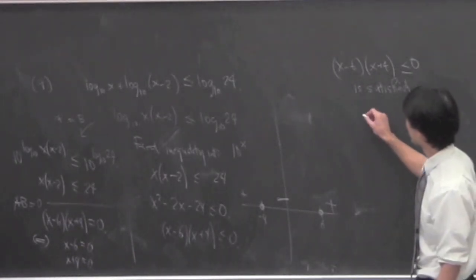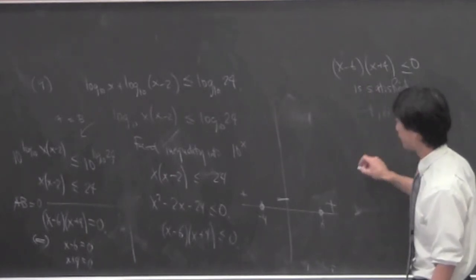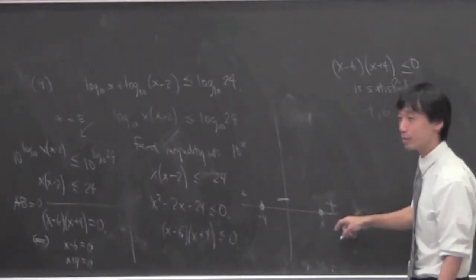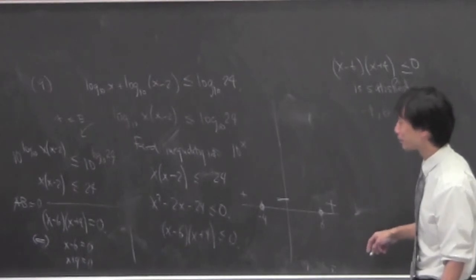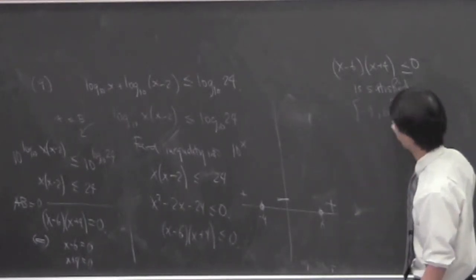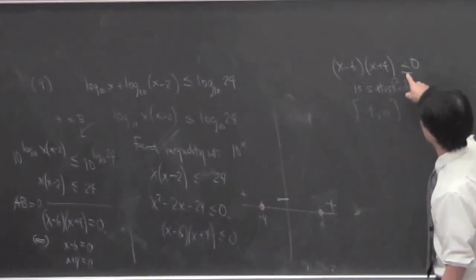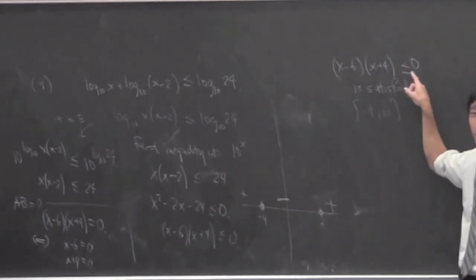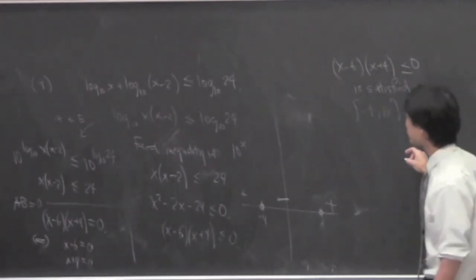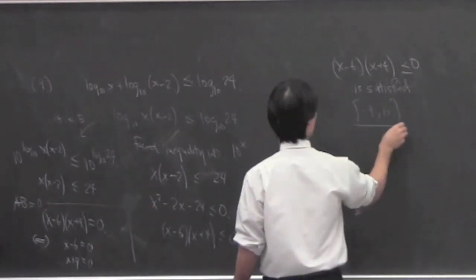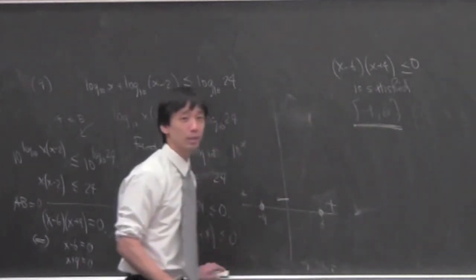Between negative 4 and 6. Inclusive or not inclusive? Including those points, because the function is 0 there, and we're checking where this thing is less than or equal to 0. So that seems to be the solution.